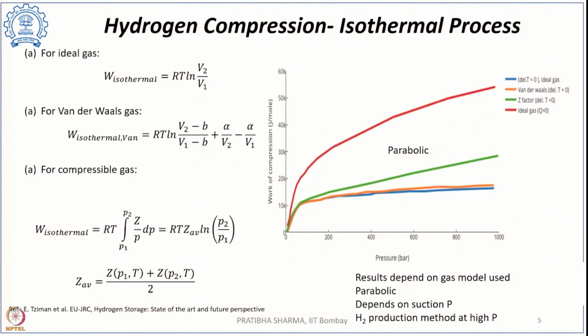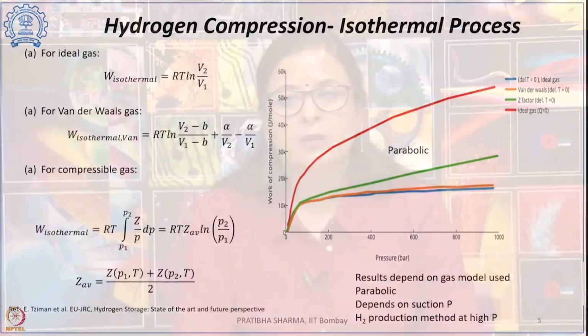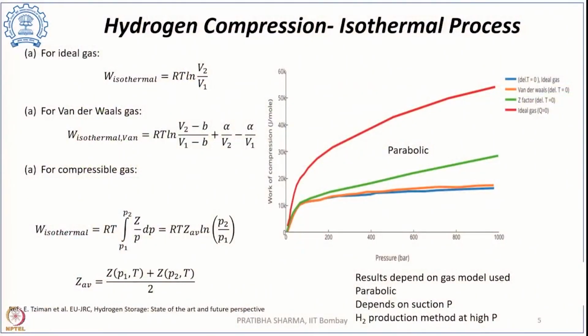Another possibility is if the actual process is modeled to be an isothermal process, that means we are removing the heat during the compression. So, whatever is the heat generated during the compression, that is removed such that the temperature of the process remains constant. Now, here again we can consider either the gas to be ideal gas. If we consider the gas to be ideal gas, the work of isothermal compression is RT ln of V2 upon V1.